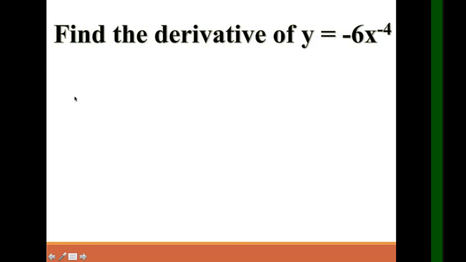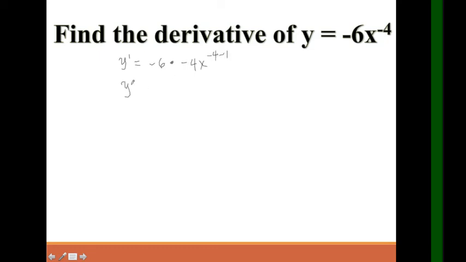So, again, let me have my pen. Alright, so we have the derivative of y equals negative 6 as our constant times negative 4 as the power rule, no? And then we have x raised to negative 4 minus 1.